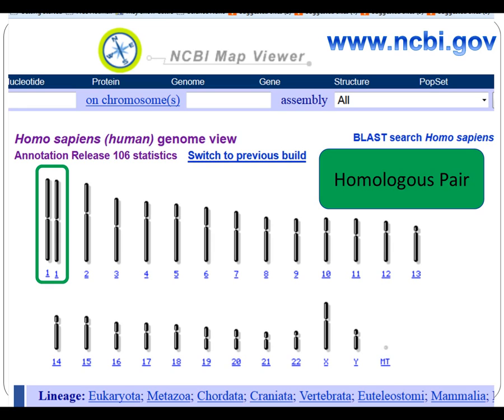If we look at a diploid cell, our alleles, if there's a variation, can combine differently. If two alleles, one from a mother, one from a father, are considered to be homozygous, what does that mean? They're matching, they're the same. They're either both dominant, or they're both recessive. Little h and big H, heterozygous.